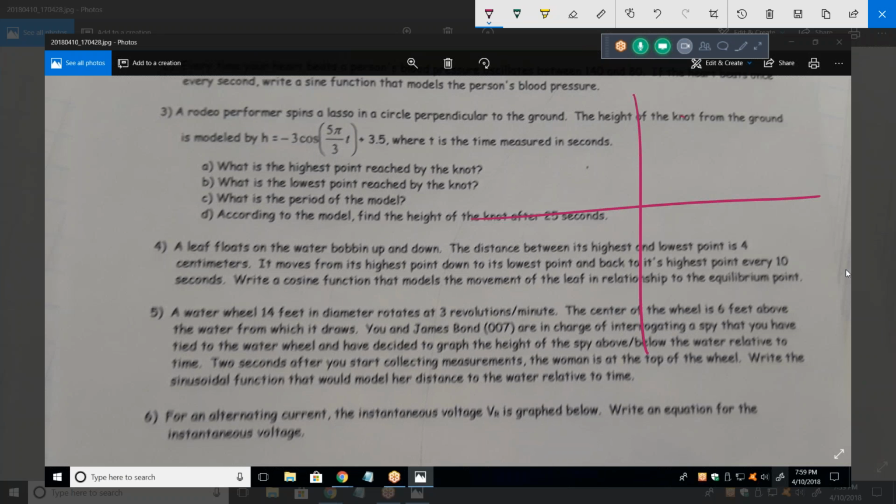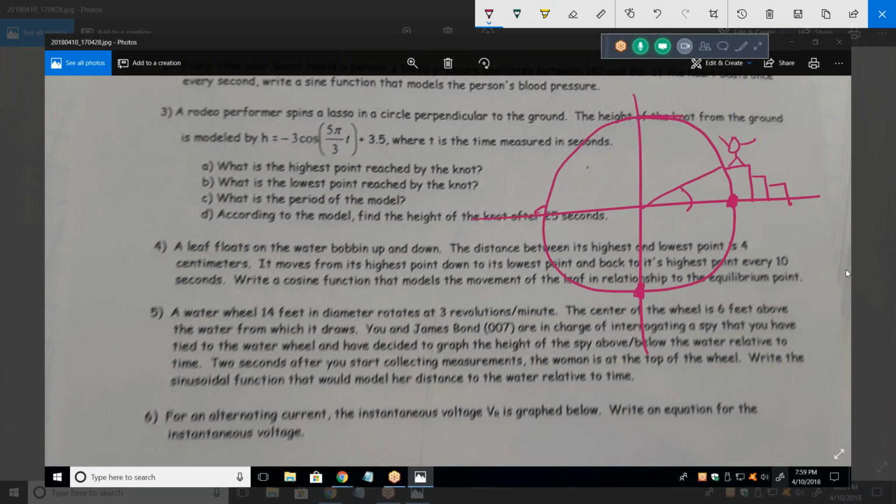If you had a Ferris wheel like that, okay, and you had everybody getting on, they had to climb up these stairs. So the person getting on is getting on right there. That's your phase shift right there. If they're getting on right there, there's no phase shift.